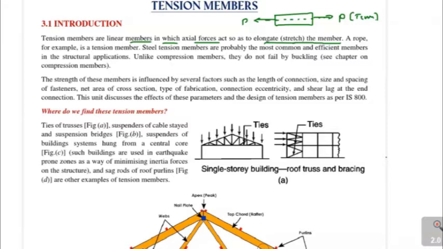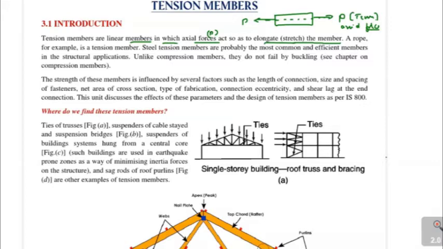This P is nothing but an axial force since it is acting along the axis of the member. And what is the nature of this force? The force is actually trying to stretch or elongate this member.